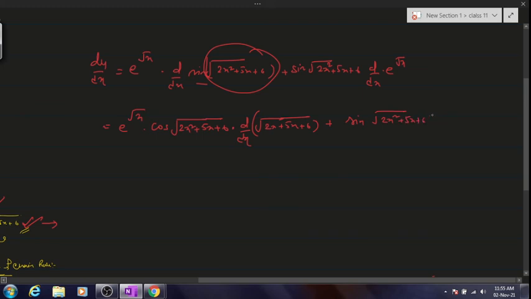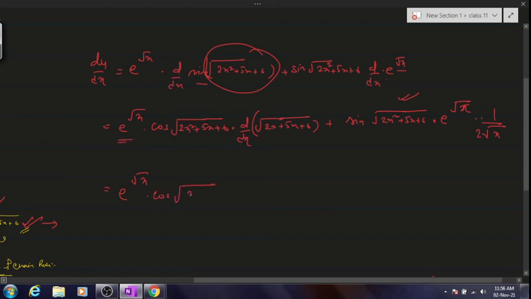5x plus 6 as it is, and then e to the power root x differentiation. Anybody tell me e to the power x differentiation? It's e to the power x, right? And root x differentiation is 1 by 2 root x. Is there any doubt for this one? Over here e to the power x remains as it is.